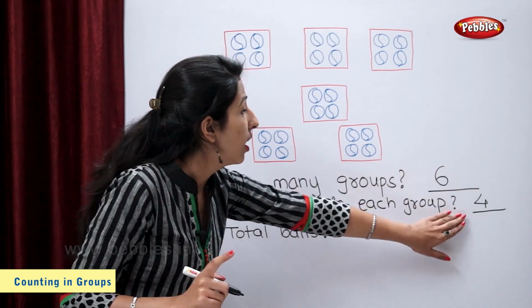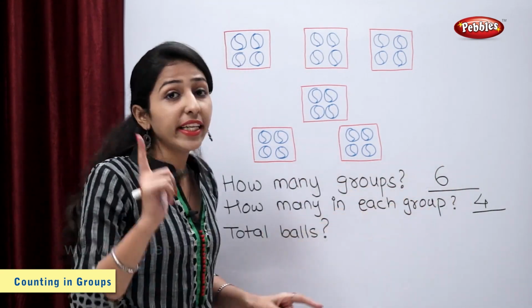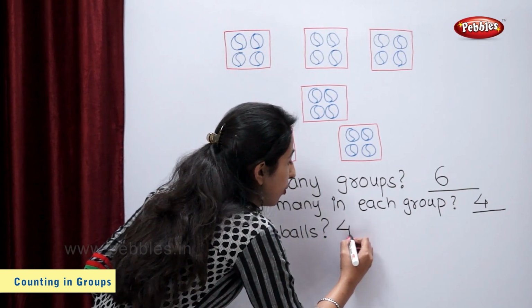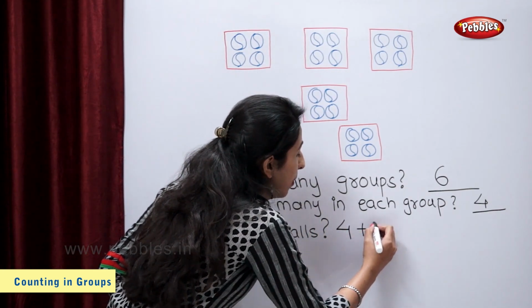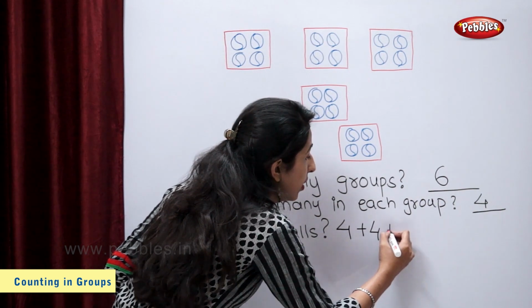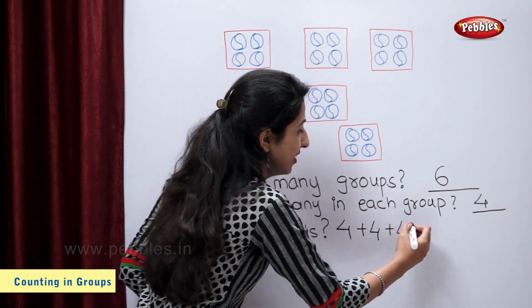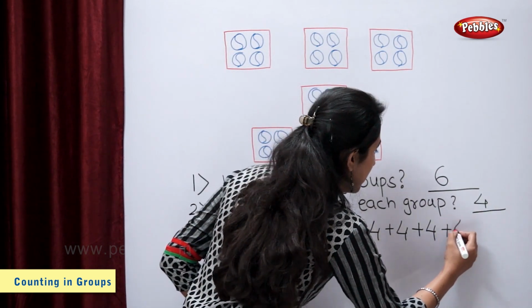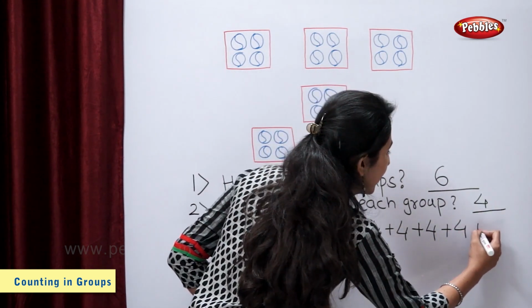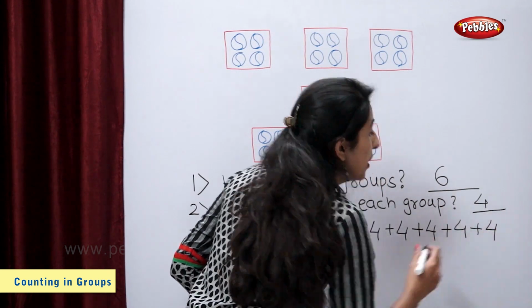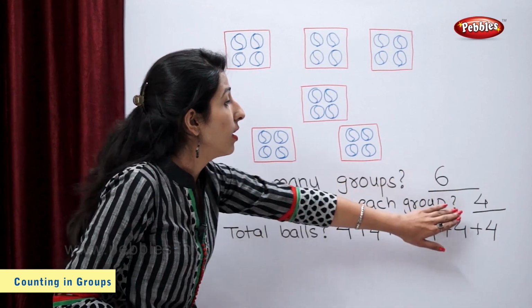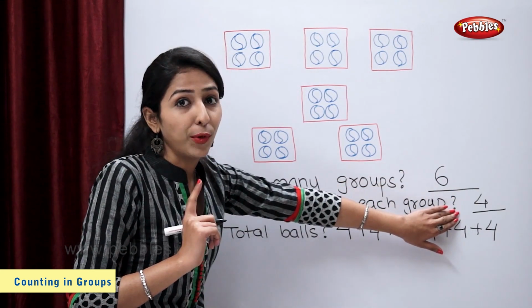There are 4 balls in each group. So, 4 plus 4 plus 4 plus 4 plus 4 plus 4. 6 groups, 4 balls in each group.